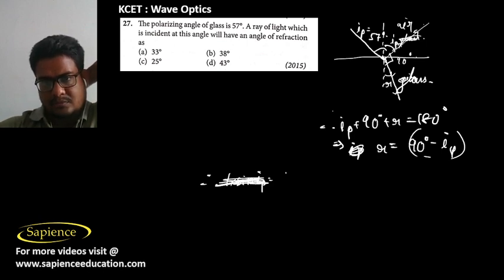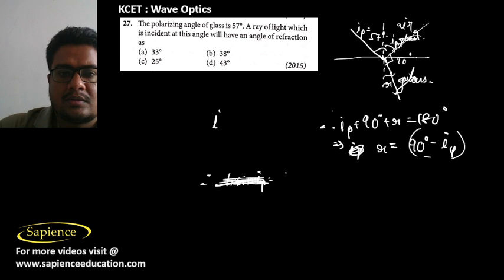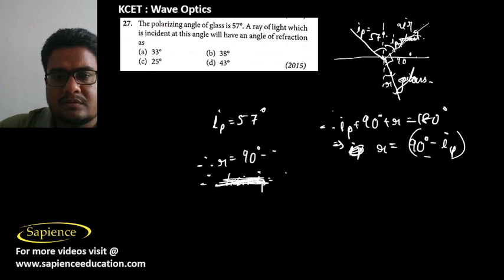The polarizing angle is given as 57 degree, therefore the angle of refraction will be 90 minus 57 degree, which is equal to 33 degree. So option A is the correct answer.